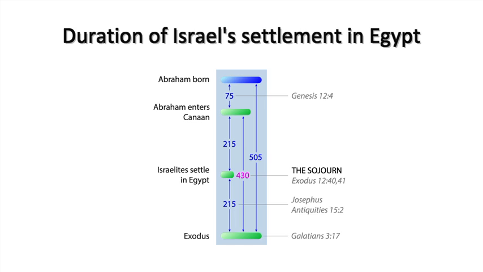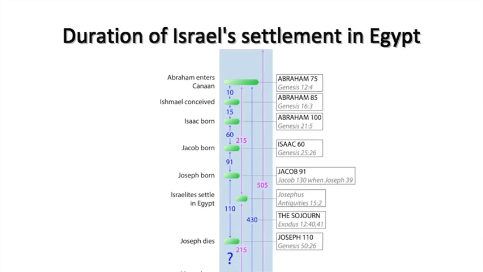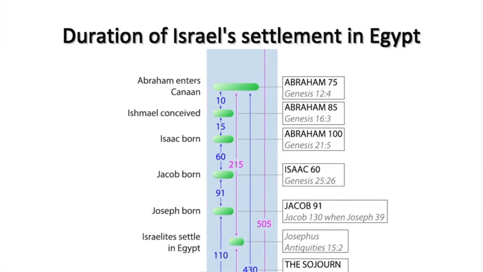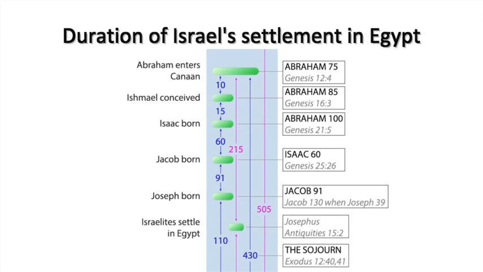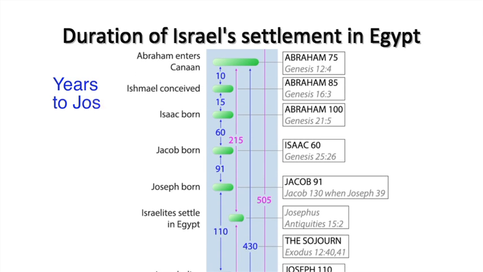For the first 215 years, they mainly sojourned in Canaan. For the second 215 years, they settled in Egypt and eventually became slaves there. The time from Abraham's entry to Joseph's birth was 10 years, plus 15 years, plus 60 years, plus 91 years, making a total of 176 years.